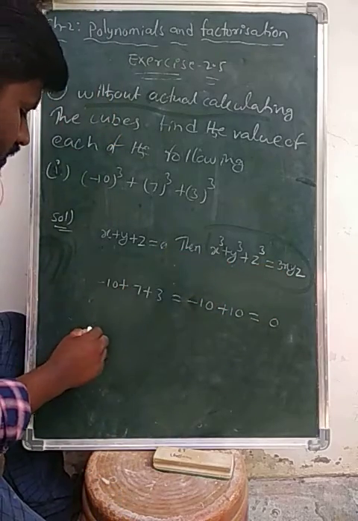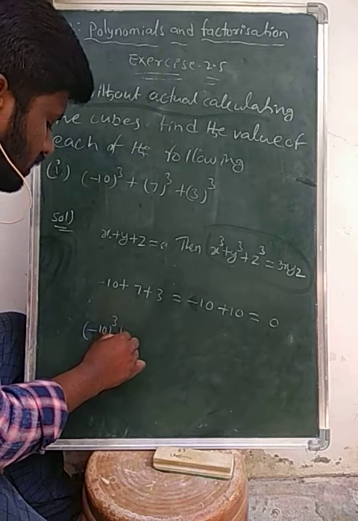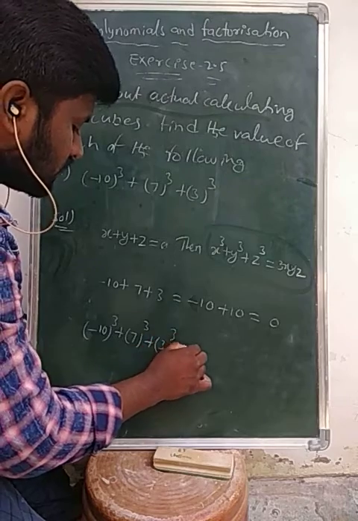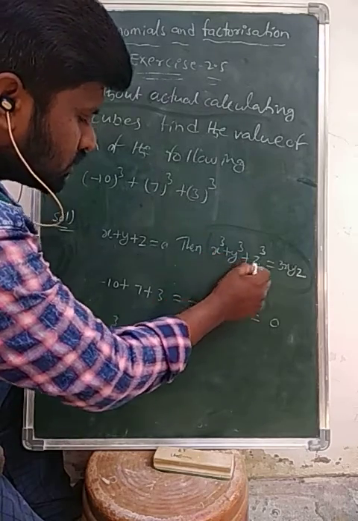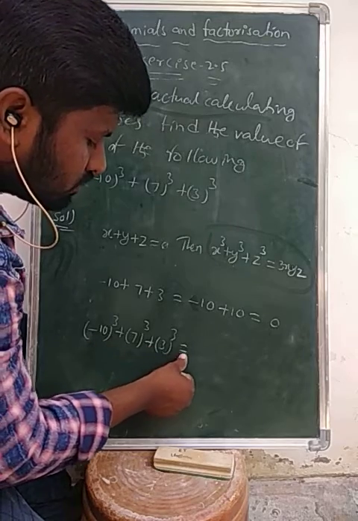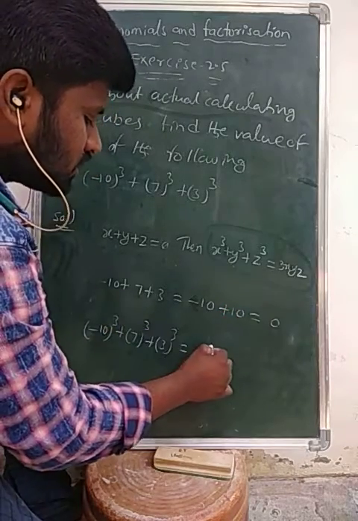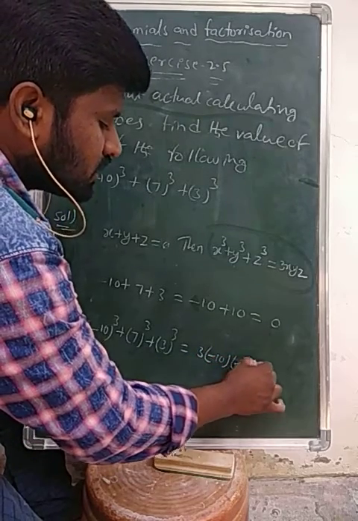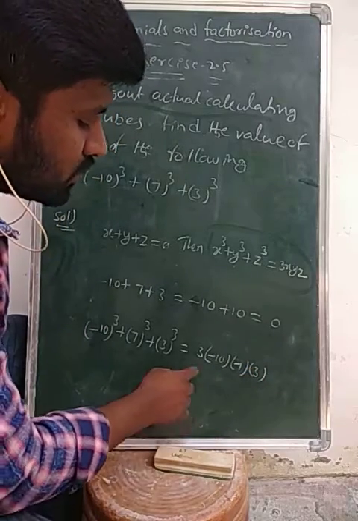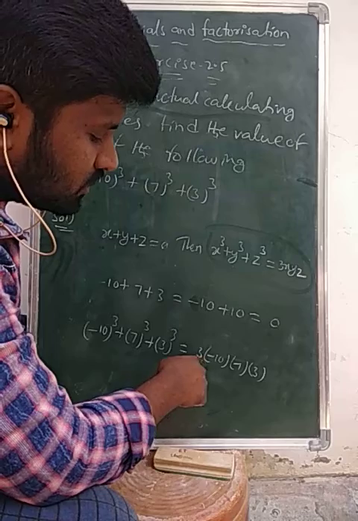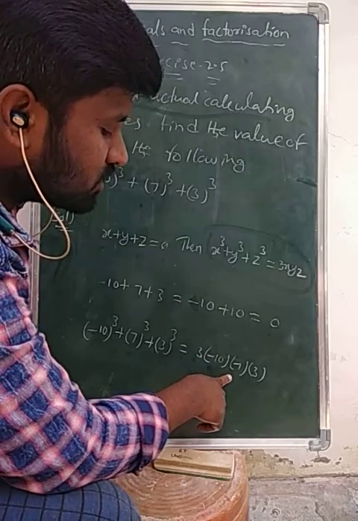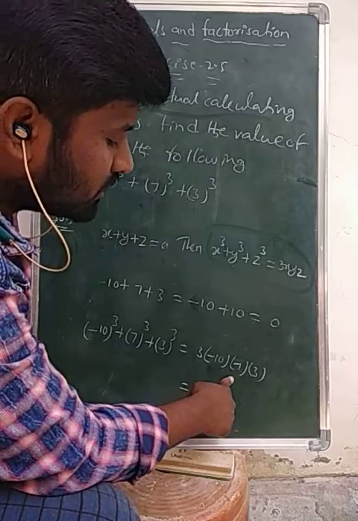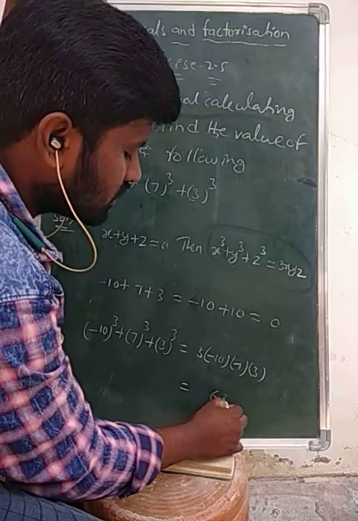So minus 10 whole cube plus 7 whole cube plus 3 whole cube is nothing but 3xyz. That is 3 into x, which is minus 10, y which is 7, z which is 3. So that is 3 times 10 is 30, 30 7s are 210, 210 3s are 630.